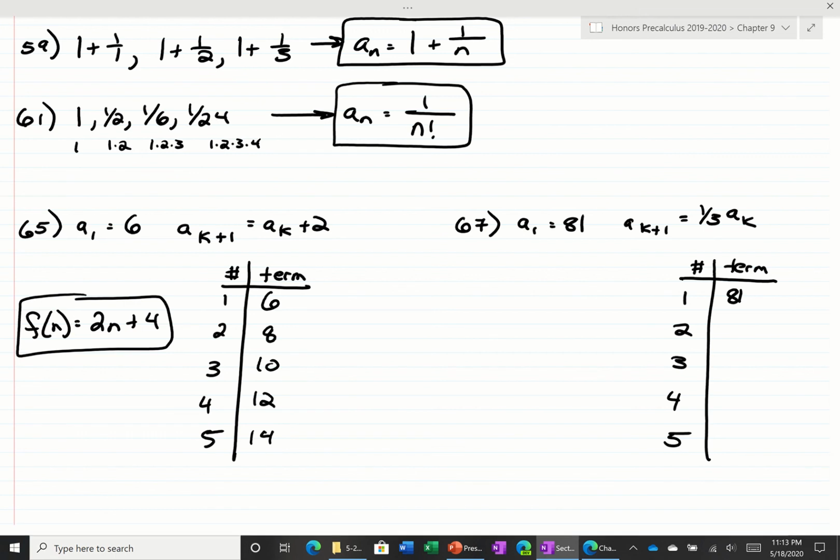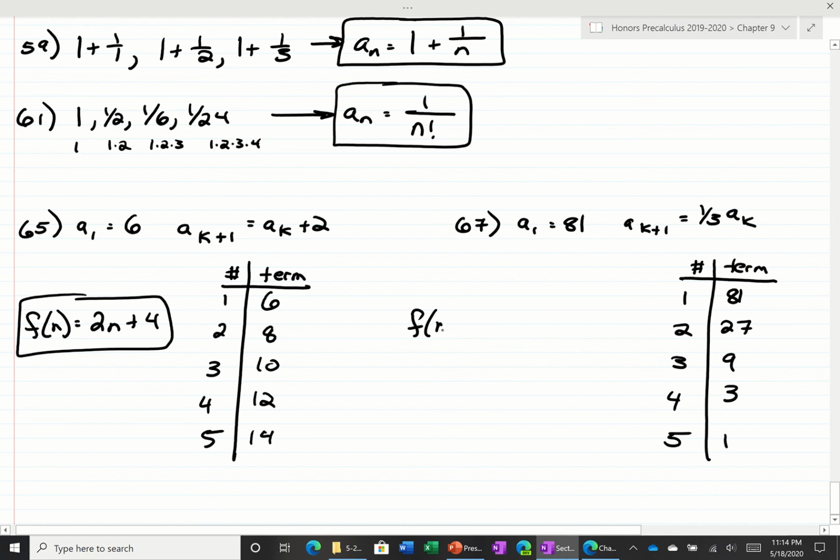And let's do 67. So we're taking 1/3 of the previous term. So 81 divided by 3 is 27. Divided by 3 is 9, 3, and then 1.